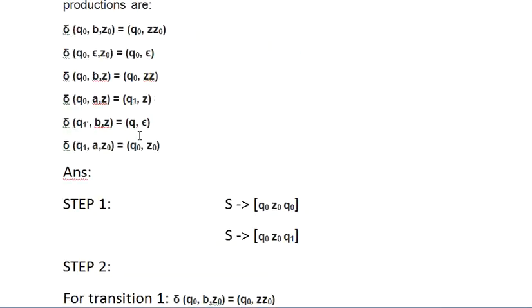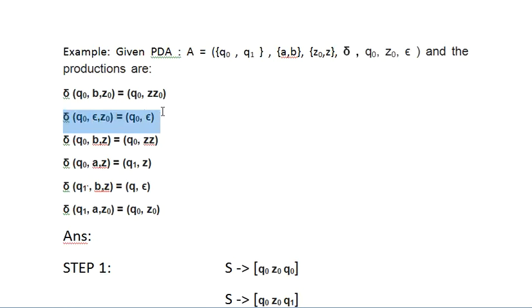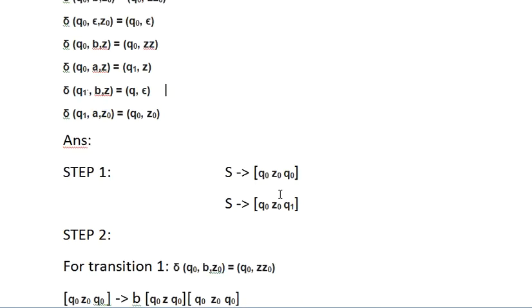See, as simple as that. If we are done with this one, this is also as simple as that. What will be the answer for this one, if I ask you? It will be Q1 Z, then Q implies epsilon.